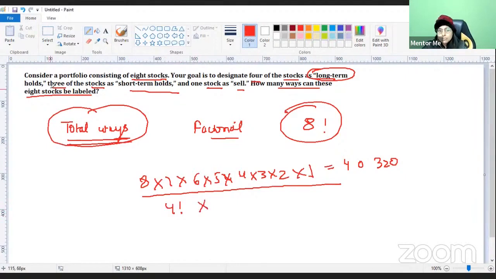Into, we have 3 stocks to whom we have to give the short-term label, and 3 factorial ways to do that. And there is 1 stock to which we want to give the sell label, and there is 1 factorial way to do that. Okay, so we will divide this by that. If we calculate 4 factorial, how much does it come to?